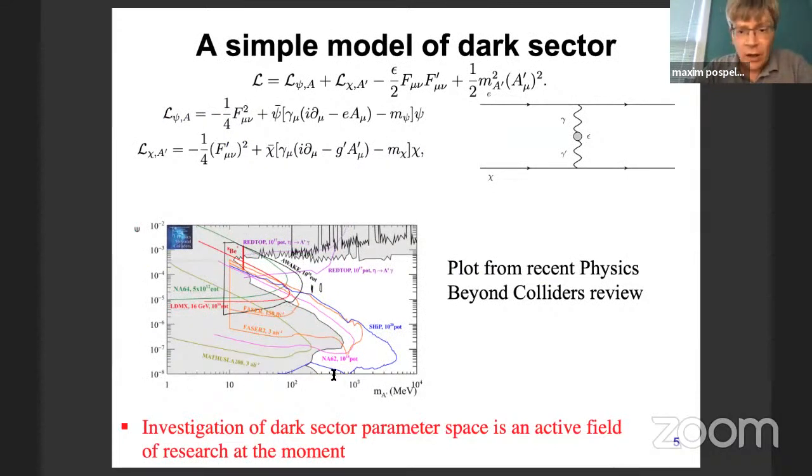There has been a lot of activity on trying to map the parameter space of all these dark sectors, just because they're very simple and accessible not only to the LHC, but also to low energy experiments.